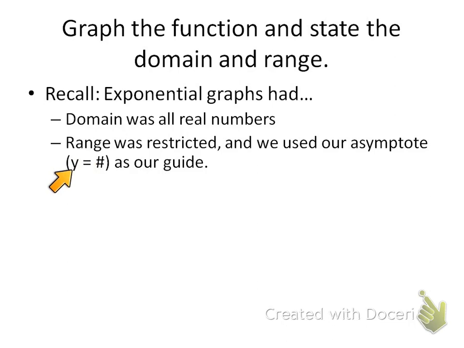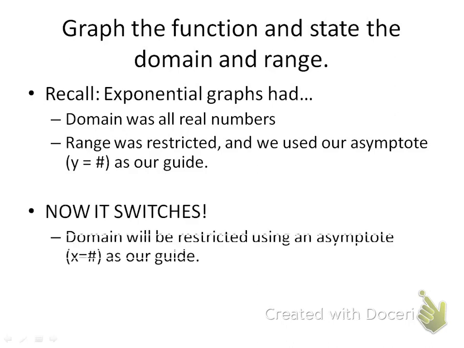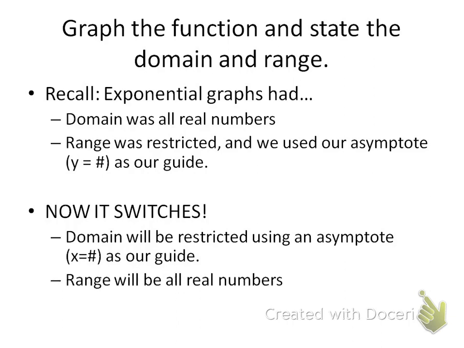And instead of this y equals a number, it'll be x equals a number. So let's see how it all switches. Domain will be restricted using an asymptote as our guide, and it's got to be x equals a number, so it's going to be a vertical line. And range will now be all real numbers.